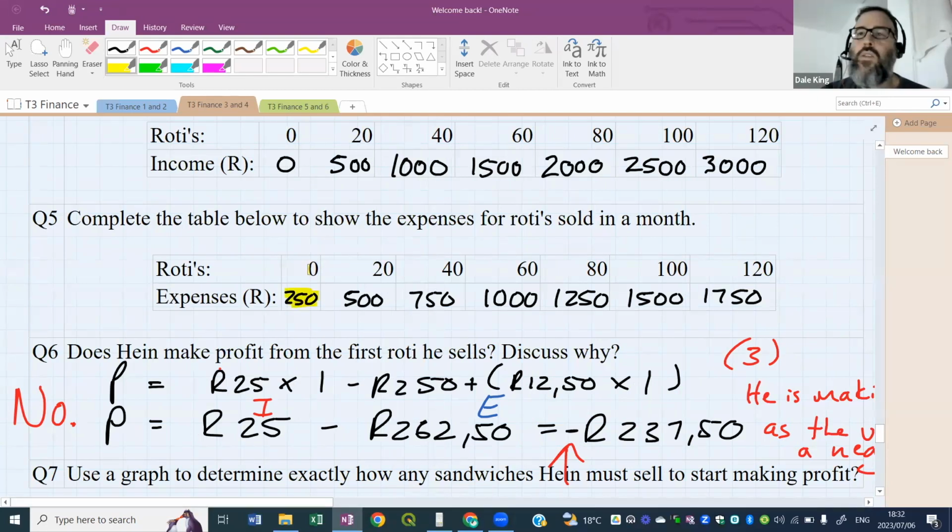When you're making 0 rotis and you still have fixed expenses, that causes a problem. You've got to make a lot of rotis to get over those fixed expenses. So that is another reason why he will not make profit: he has fixed expenses which are very big compared to the price of his rotis, and he has to make a lot to overcome them.